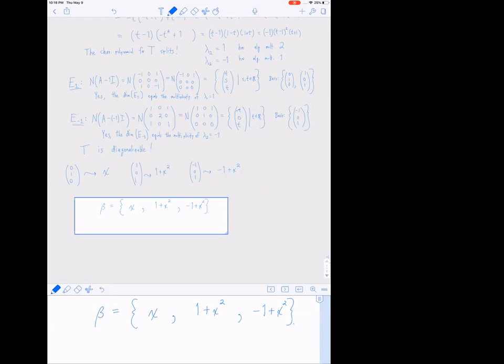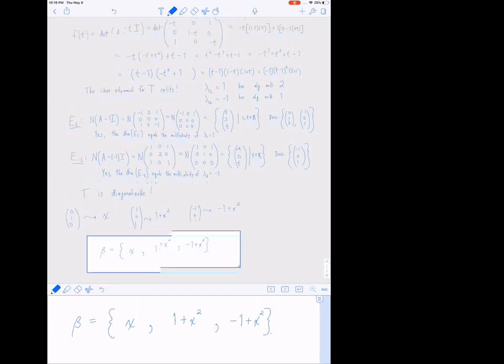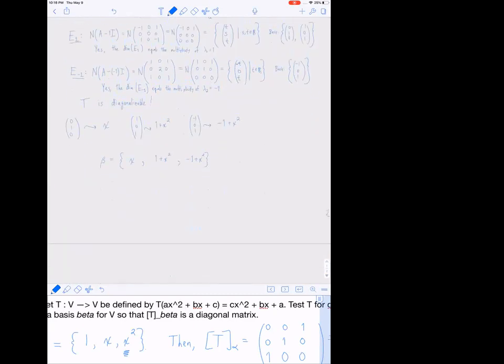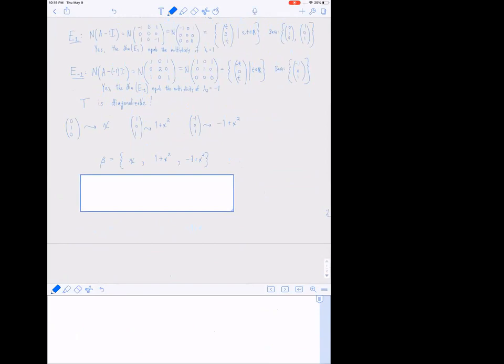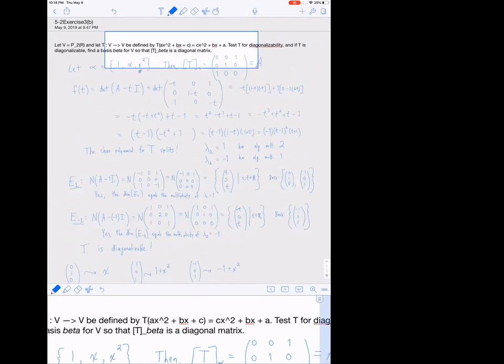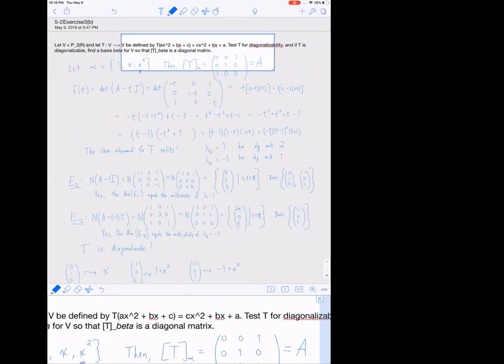Right? The only thing we could maybe do now is check that in fact the matrix for T with respect to this basis is a diagonal matrix. So let's just go ahead and do that. Let's apply T to the first vector in beta, that would be x, and remember what T does. T takes a vector like this and changes around the coefficients. So x would just have a equals 0, b equals 1, c equals 0.